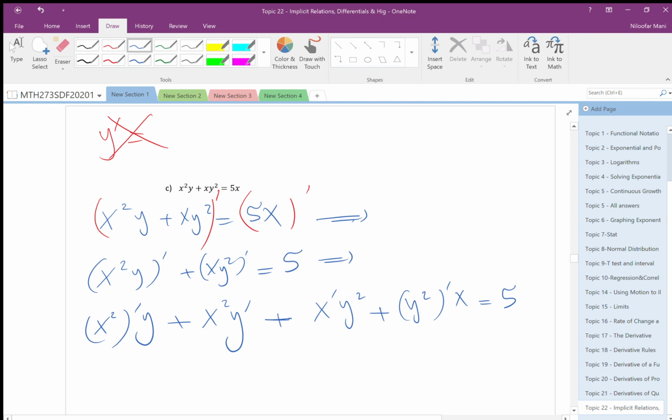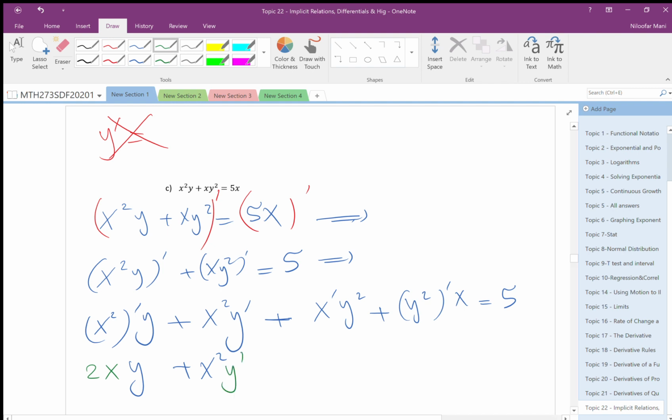Okay, so derivative of x squared multiple y prime plus x prime y squared prime x. So now I do a step by step. Okay, so it's 2x y plus x squared y prime, because it's derivative of y.